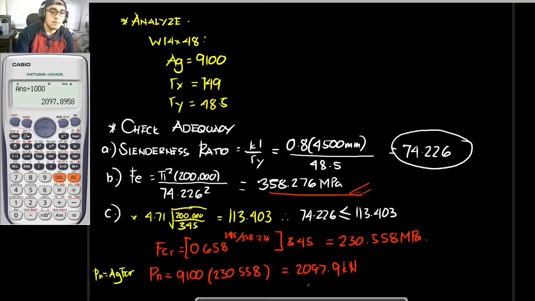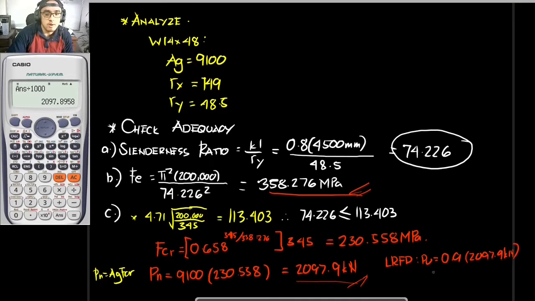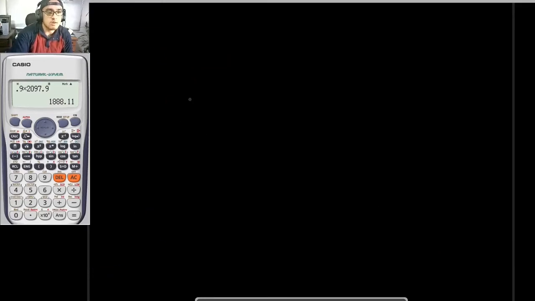And if that is to be Pn, para makuha natin yung Pu natin in LRFD, Pu is equal to 0.9 or phi Pn, and our Pn would be 2097.9 kilonewtons. So from that, 0.9 times 2097.9, so that is to be 1888.11. So lagyan lang natin siya dito, no?